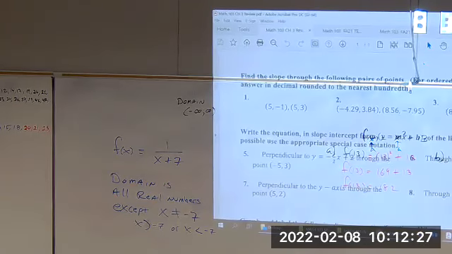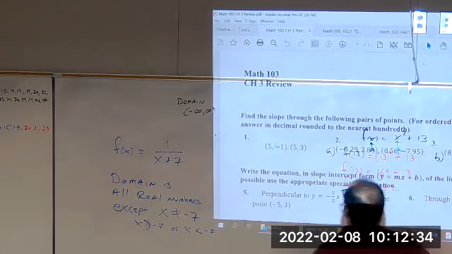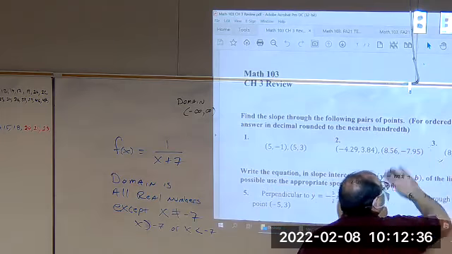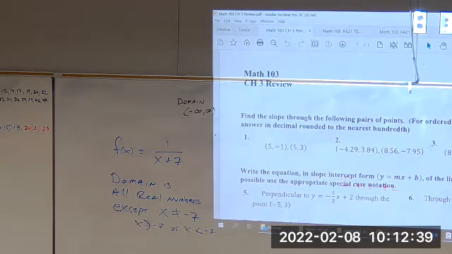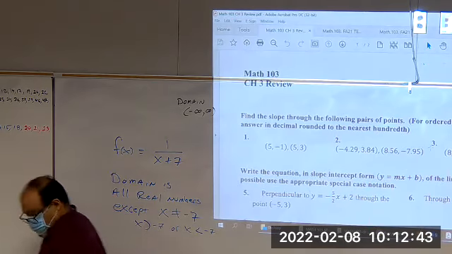The review sheet. There's the review. The directions on the review are just like the directions on your test. Over here on the far right, we're going to do a comparison of the review and the test.